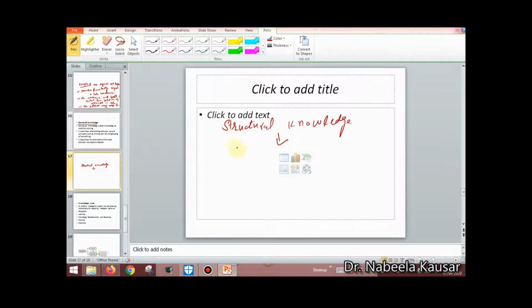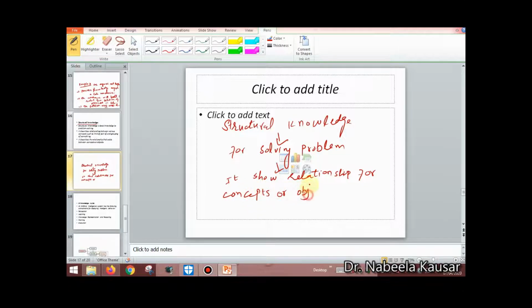Means it is for the solution, for solving problem. Secondly, it shows the relationship for concepts or objects.